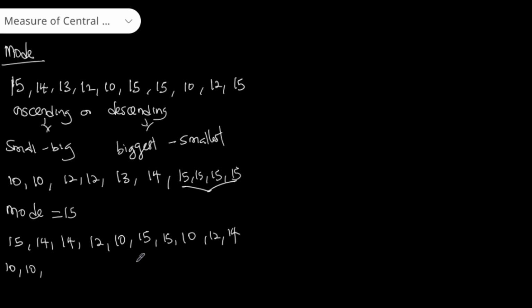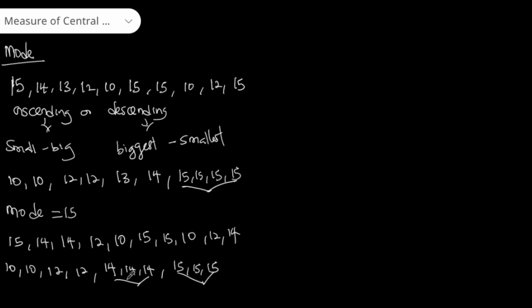You'll notice that 12 occurred twice also, 12 and 12. Now, 14 occurred how many times? 1, 2, 3. We have 14, 14, and 14. And then 15 also occurred 3 times. We have 15, 15, and 15. Now, if you look at this set of data, 14 and 15 occurred the highest, which means we have 2 numbers that occurred the most.